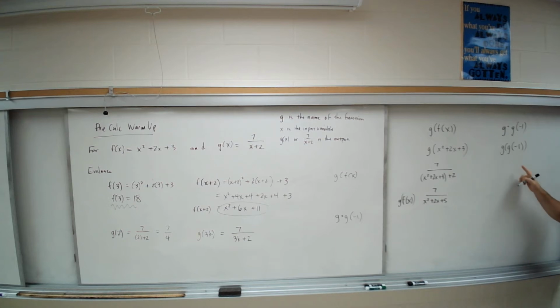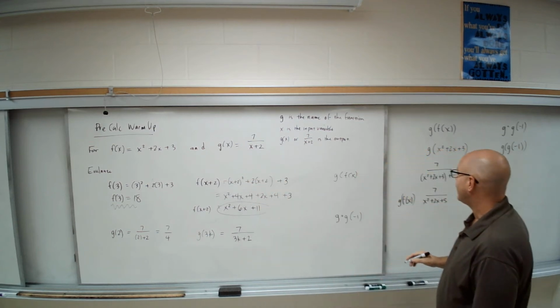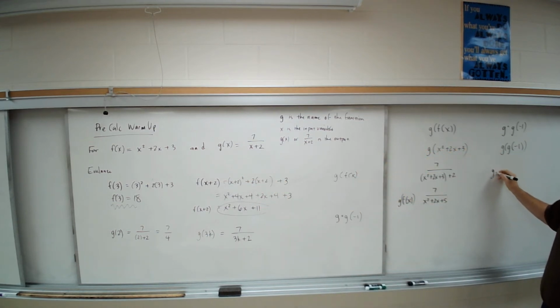So the first thing we'll do here is put negative 1 into the function called g. I'm going to leave the g on the outside, and then we get 7 over negative 1 plus 2. And we can all do negative 1 plus 2, which is just 1. So that gives you now g of 7.